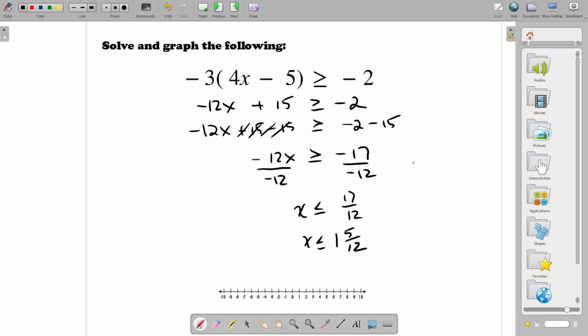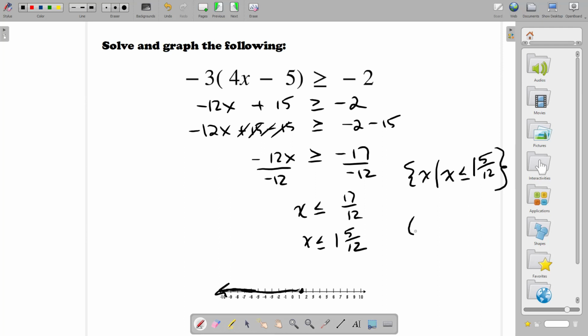So in set builder notation, this becomes a set of all x such that x is less than or equal to 1 5/12. To graph this, 1 5/12 would be just past the 1, and we want everything less than that.